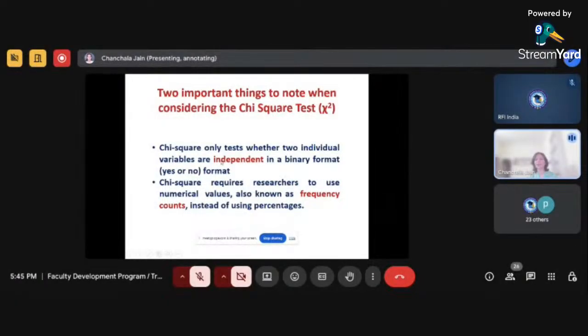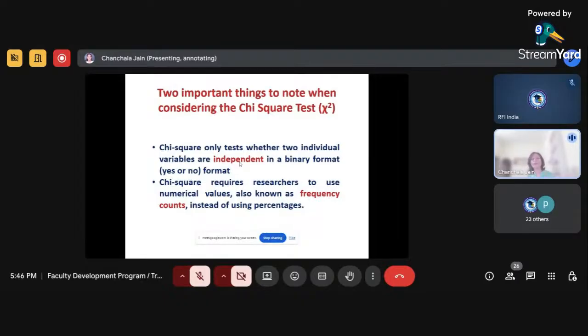So this says the chi-square test only tests whether two individual variables are independent in the binary format or not. This is what you are intended to find or test using the chi-square test. Not always two variables, although I have written here two individual variables, but as I'll go through the types of chi-square test, it is not like for both of the chi-square tests you need to have two variables.